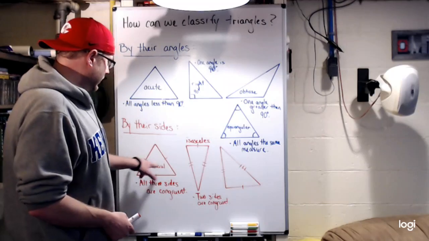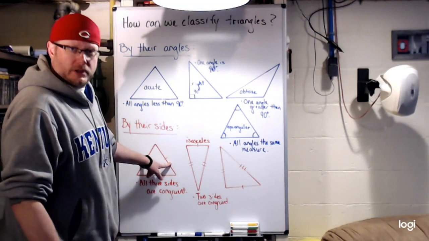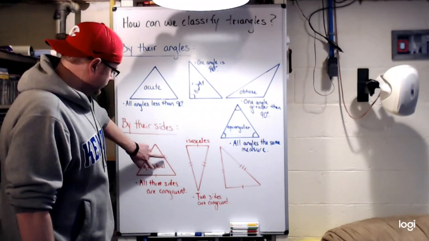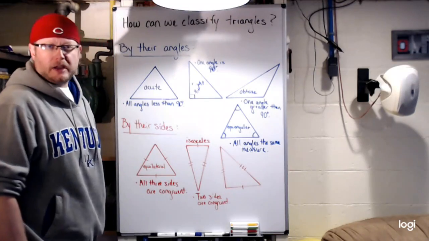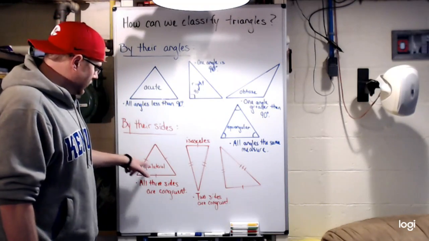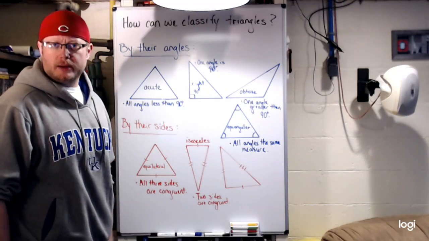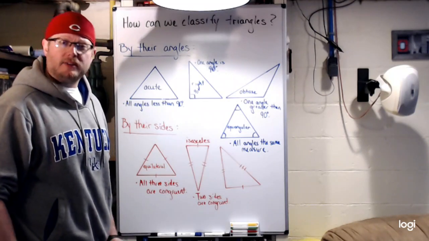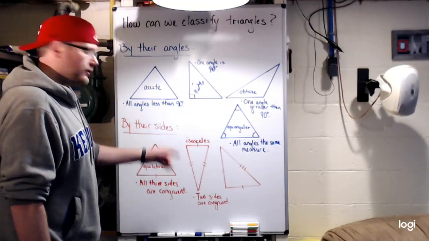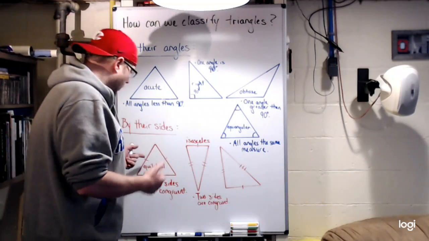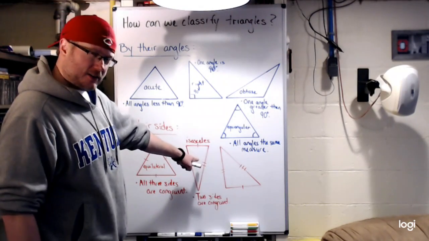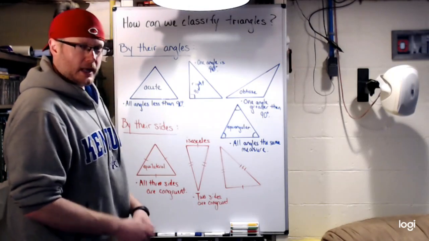Well, if we look at an equilateral triangle, these two sides are congruent, or these two sides are congruent, or these two sides are congruent, right? Even though all three sides are congruent, it also falls into the same definition as an isosceles triangle. So two sides are still congruent. So all equilaterals are isosceles, but not all isosceles are equilateral.